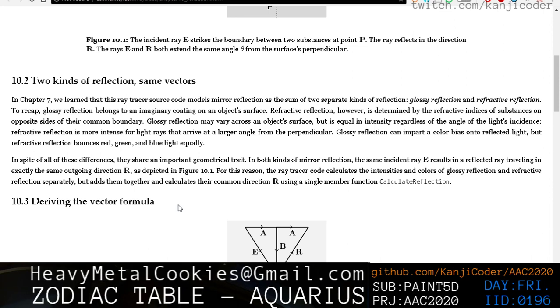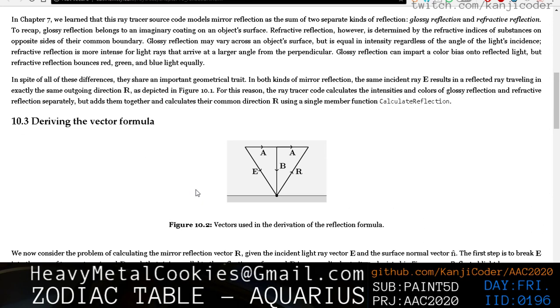For this reason, the ray tracer code calculates the intensities and colors of glossy reflection and refractive reflection separately, but adds them together and calculates their common direction R using a single member function, calculate reflection. So some type of composite ray that is computed from merging reflection and refraction together is kind of what I read there.